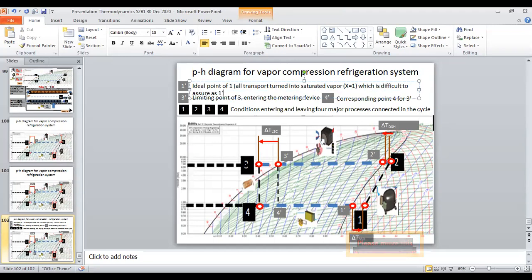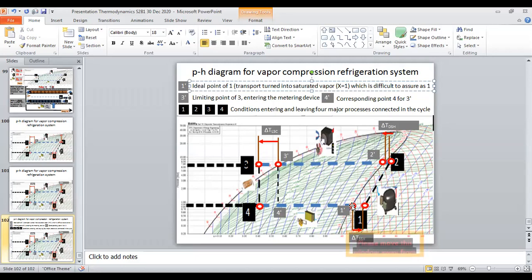Okay, which means at the ideal point of 1, the transport turned into saturated vapor, which is difficult to assure as 1, means 1 brings to 1 dash.